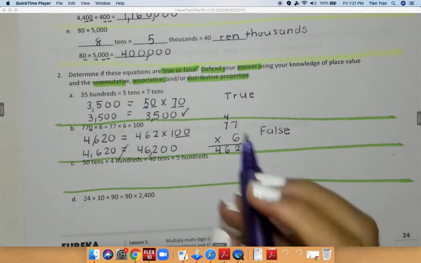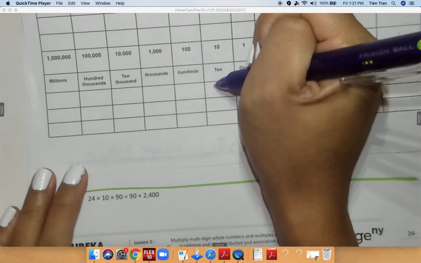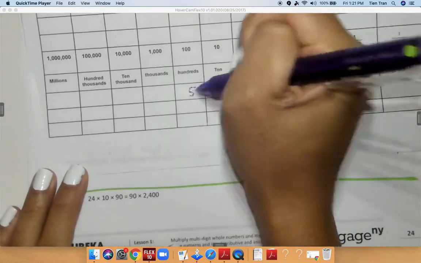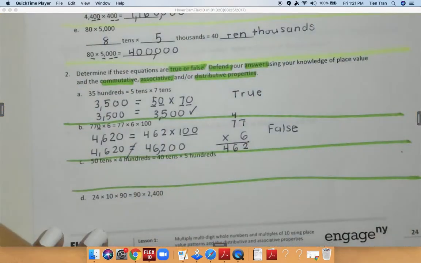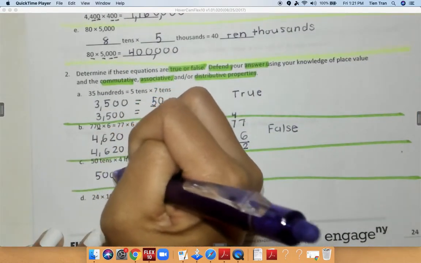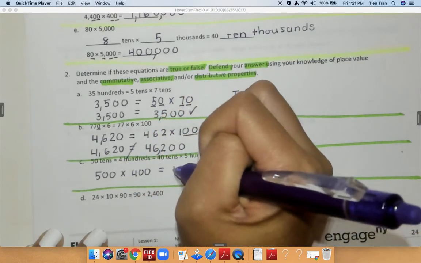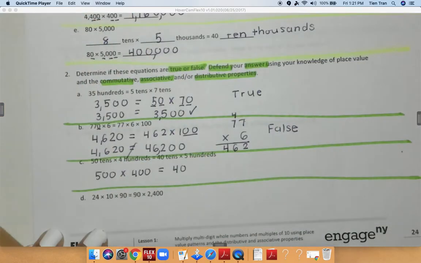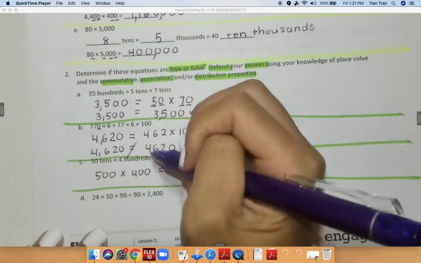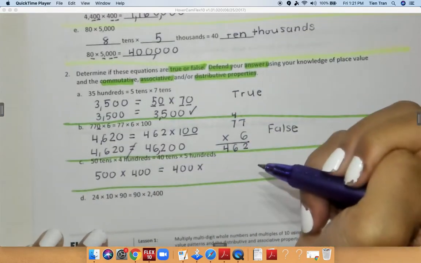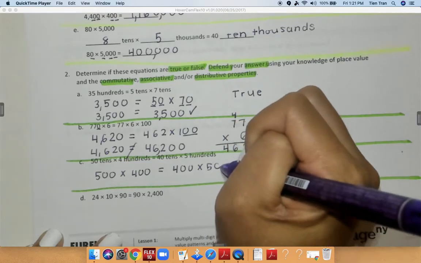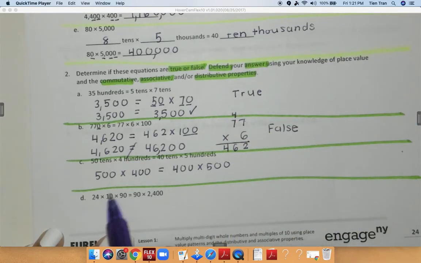Now problem C, we have 50 tens, and remember, 50 tens means that you are putting 50 in the tens place. So that is 500. So we have 500 times 400 is equal to 40 tens times 500. Okay, now they look the same.